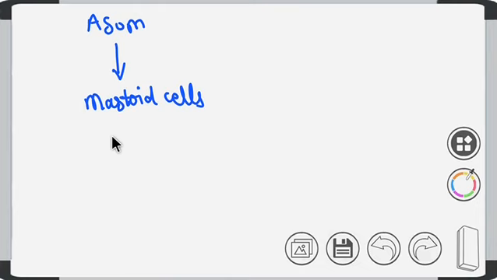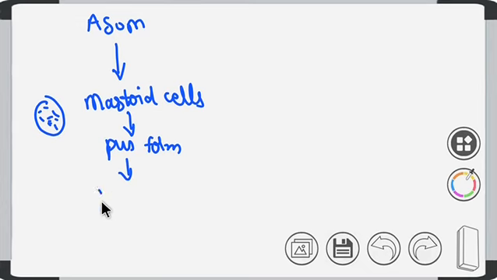Clear? Due to this, it results in pus formation in the mastoid air cells, due to inflammation, right? And due to pus formation, it results in hyperemia. All the signs of inflammation will result.